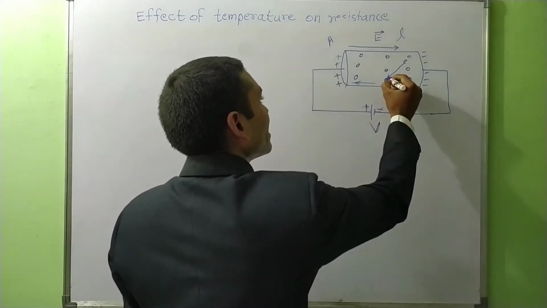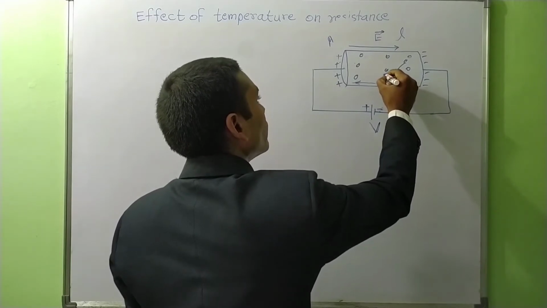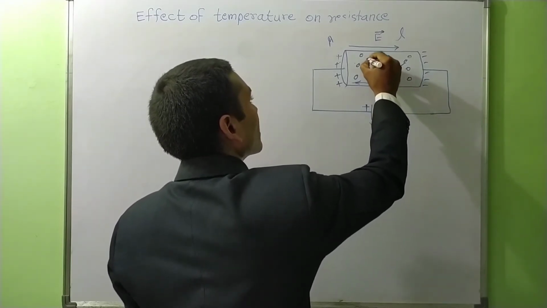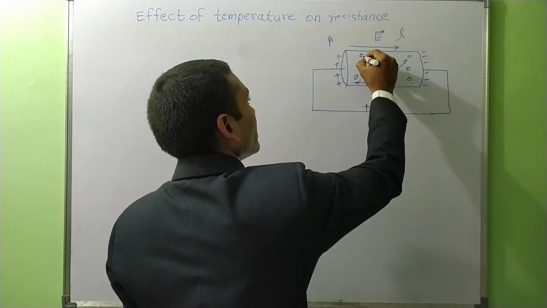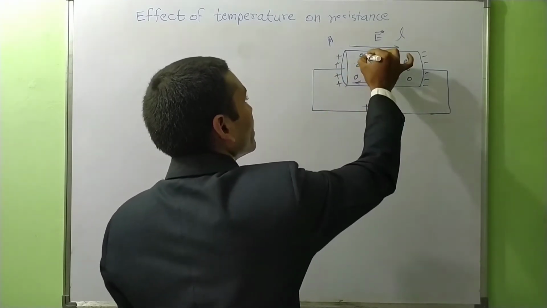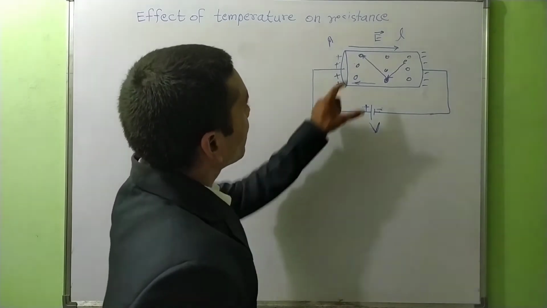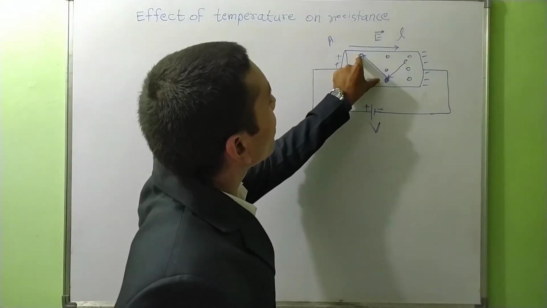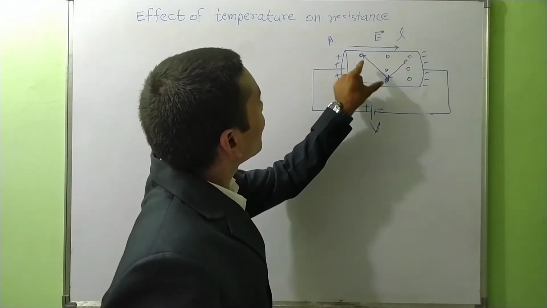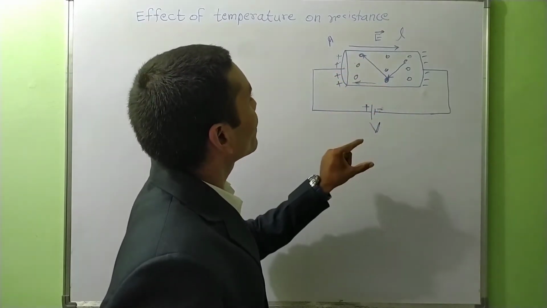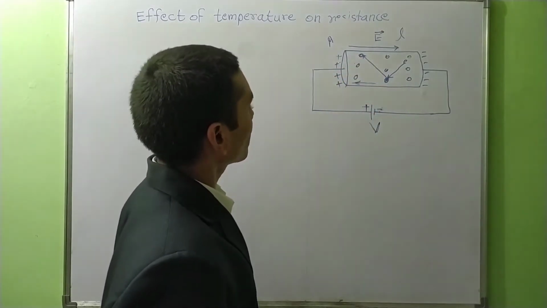After collision, it will change its path and move along this direction. Here another atom is there, so it will collide with that atom. These are two successive collisions, and the time taken between two successive collisions is called the relaxation time.